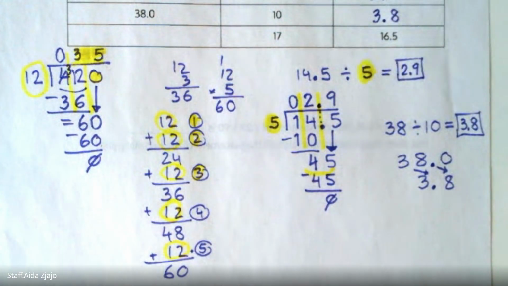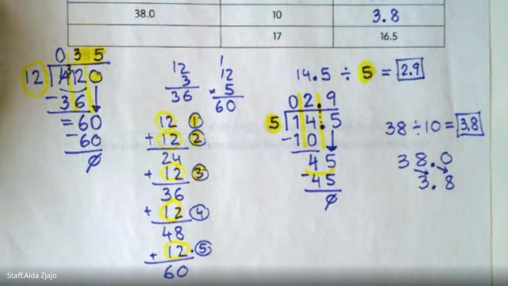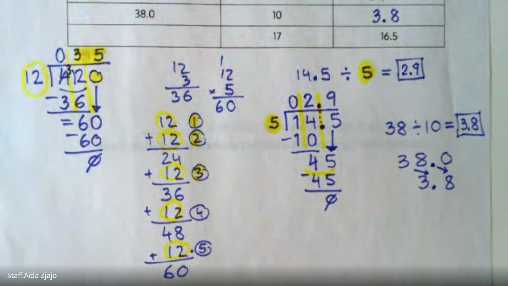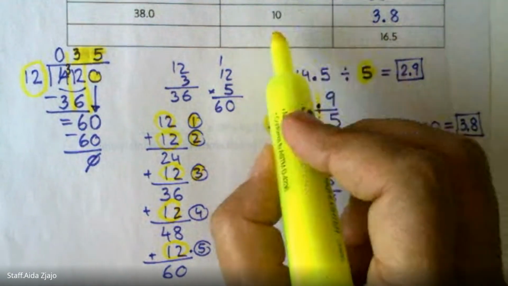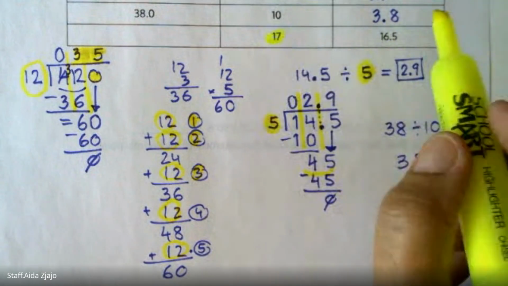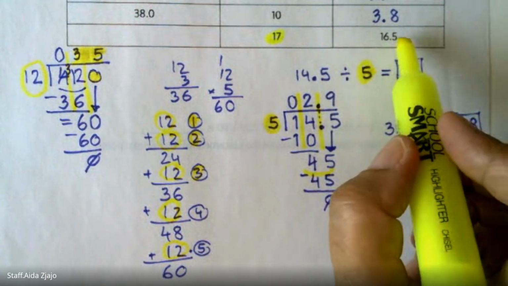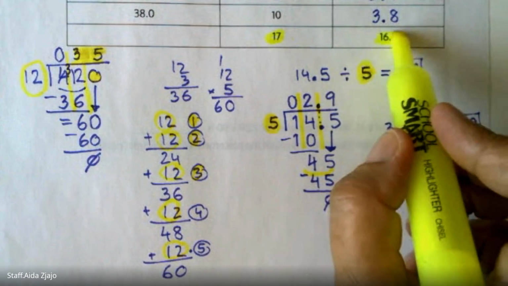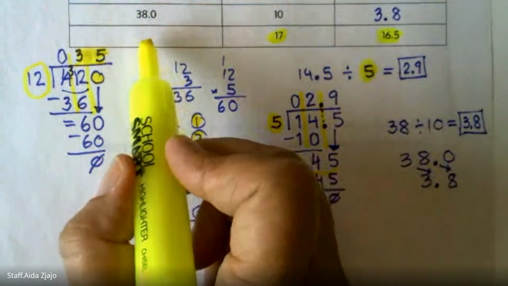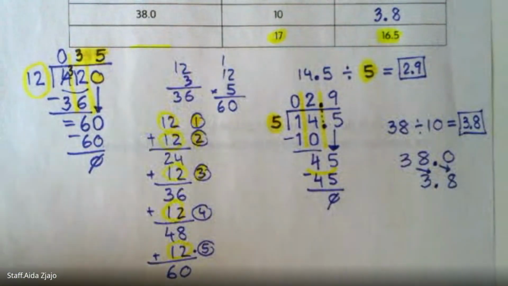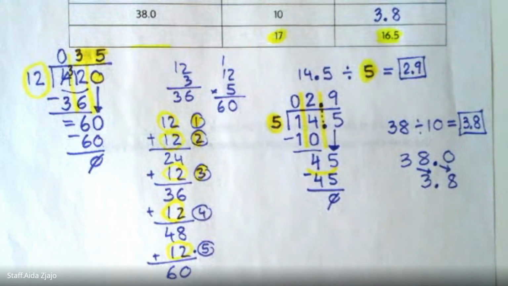So that answer is 3.8 miles. Now the last one: they have a number of days, and how much they ran each day, but what is missing is the total. That means the product is unknown.